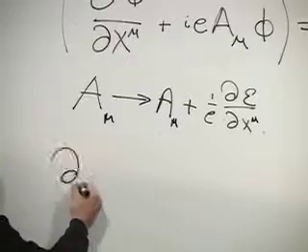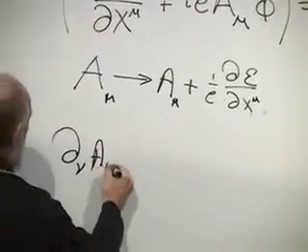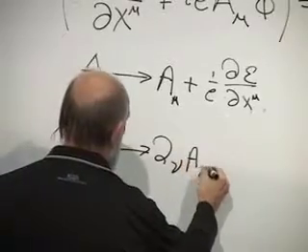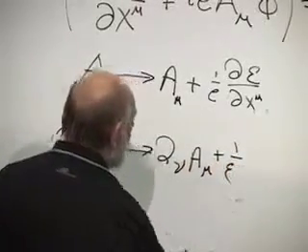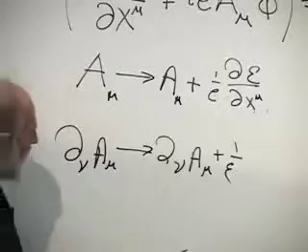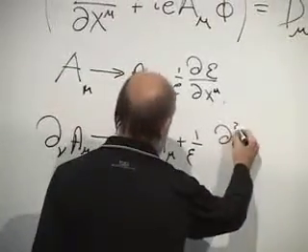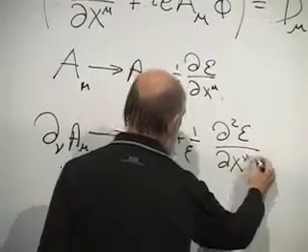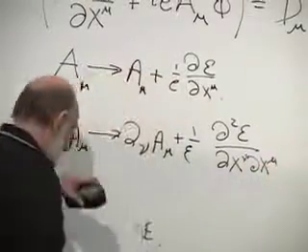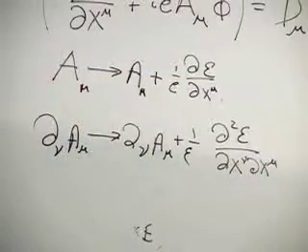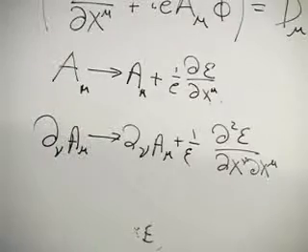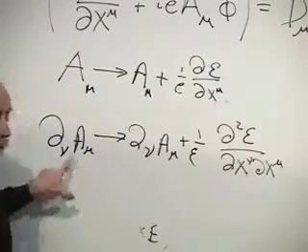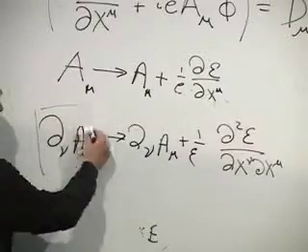What it does is it just goes to d nu A mu plus 1 over e, and then the second derivative of epsilon with respect to x nu and with respect to x mu. The second partial derivative with respect to nu and mu. This is the change that happens when you do a gauge transformation to this particular combination.